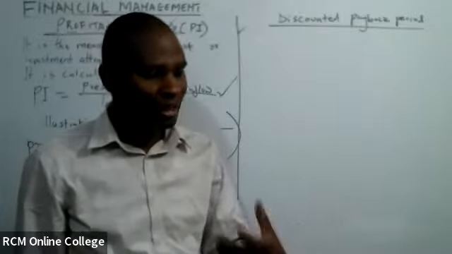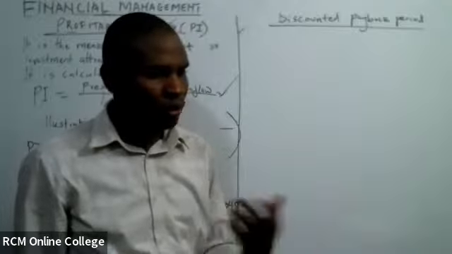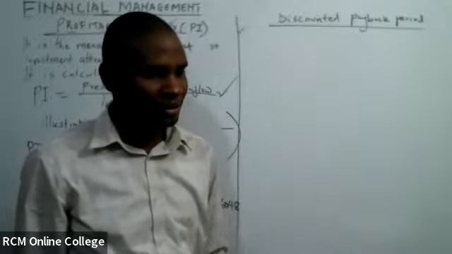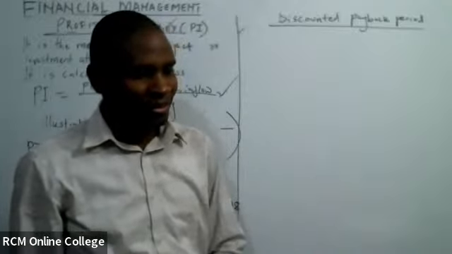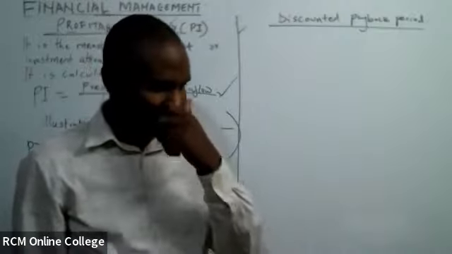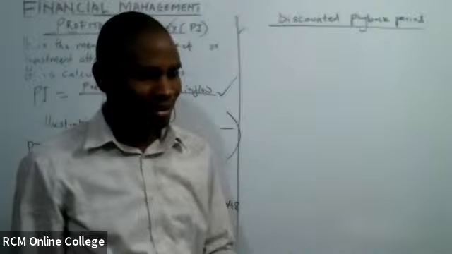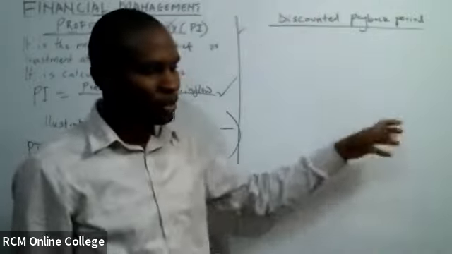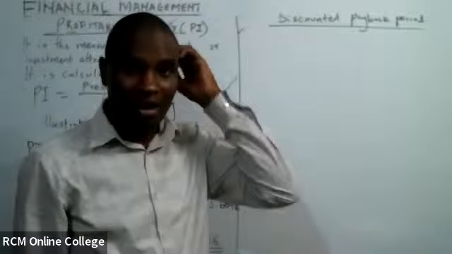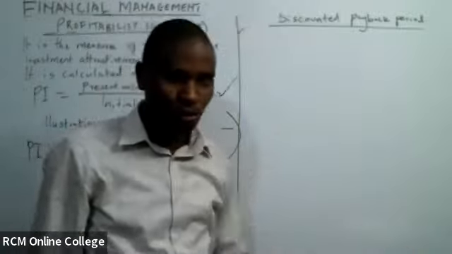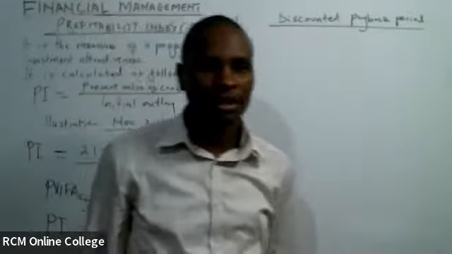Maybe in future you can come up with a way we can discount it. We had two in the traditional, right? Accounting rate of return and the payback period. So payback period has already come here. ARR, accounting rate of return, is the one that has not come to the side of discounting.